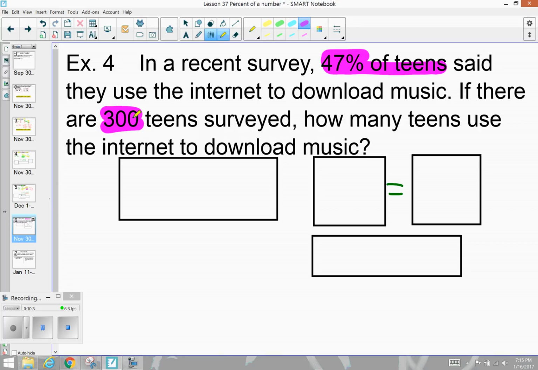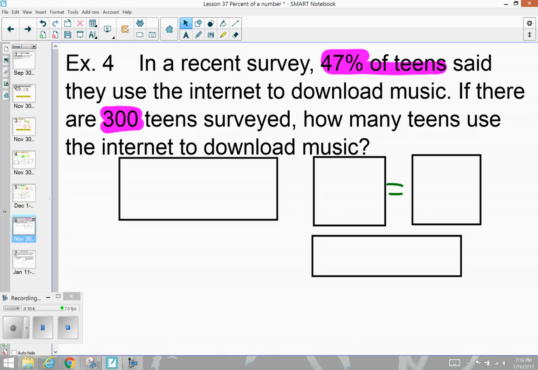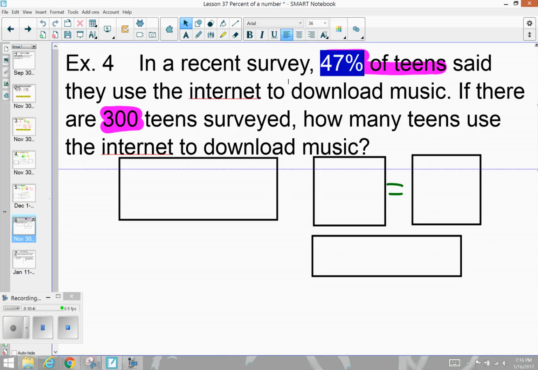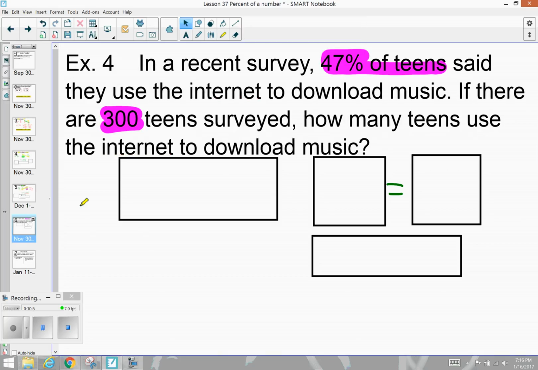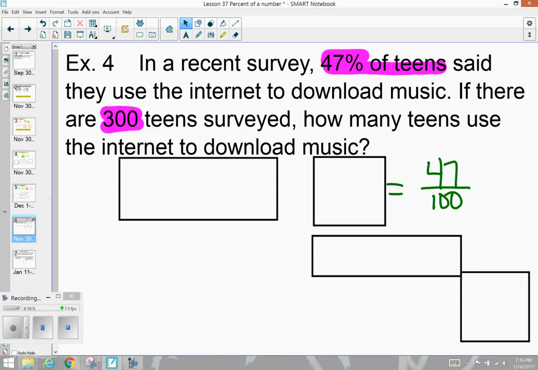All right. Even though it only looks like we have two numbers, we actually have three numbers. Can anyone guess why? That's right. Because they gave us our percent number. Percent means out of 100. So we know that number, right? So we know it's going to be 47 out of 100.